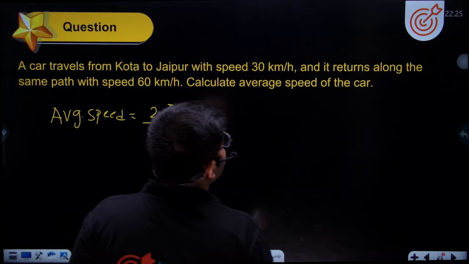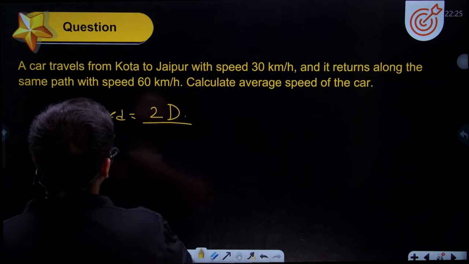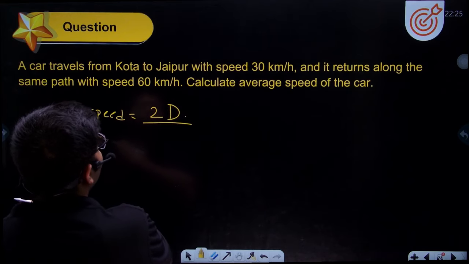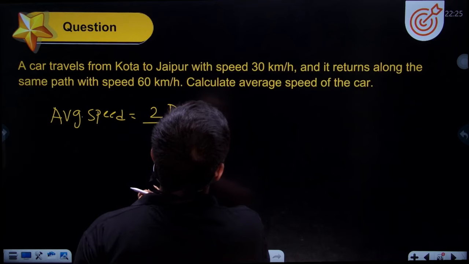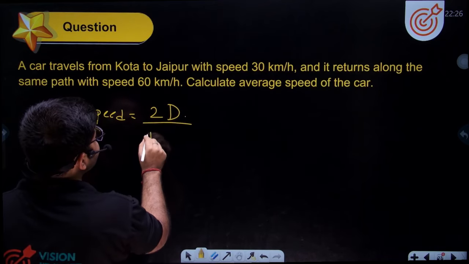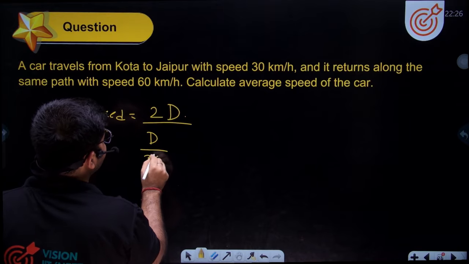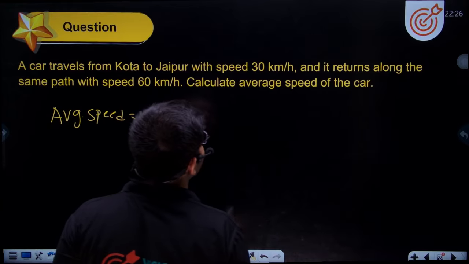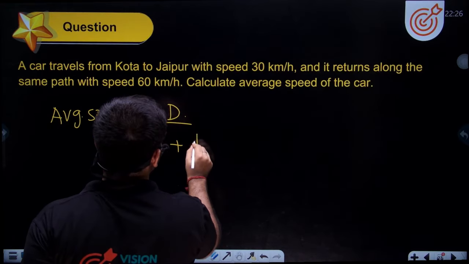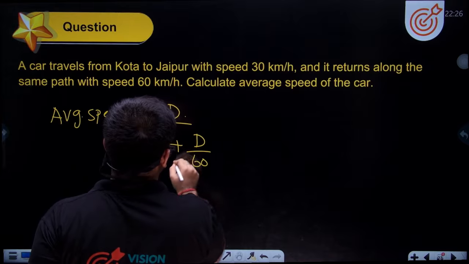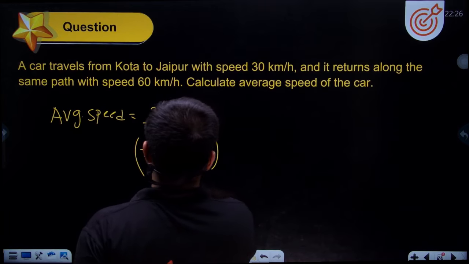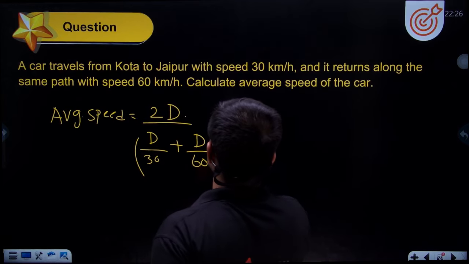And what is the total time? My time T1 is going to be D by 30 in the first case, and in the second case it is going to be D by 60. So this is my T1 and this is my T2.